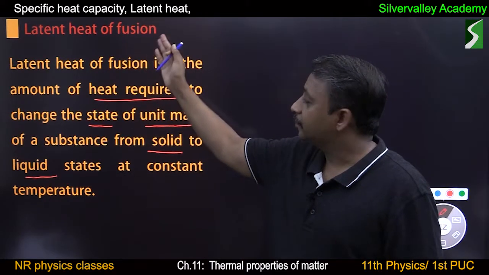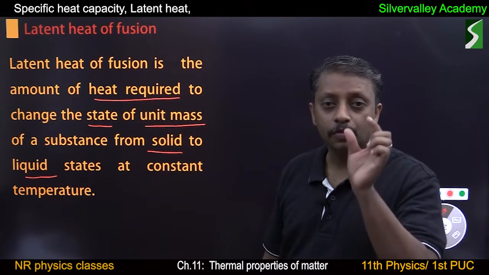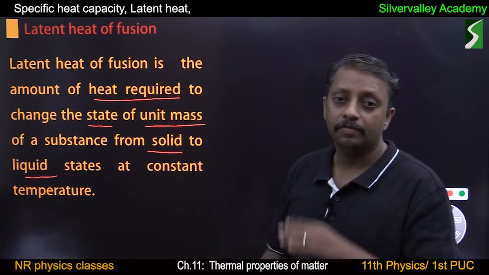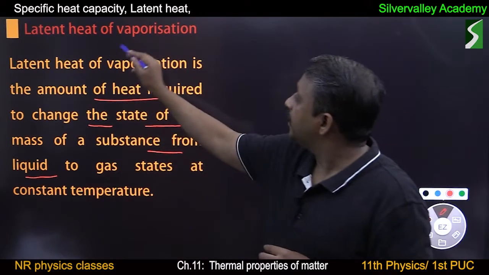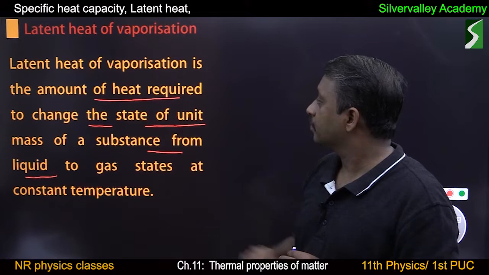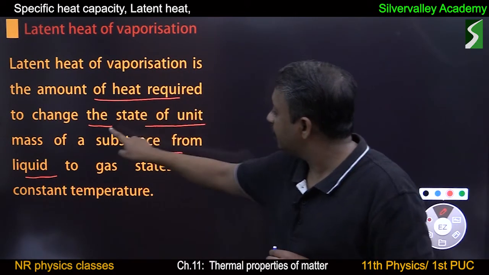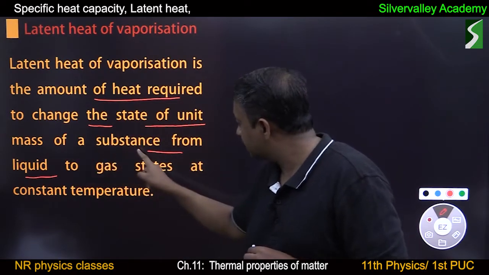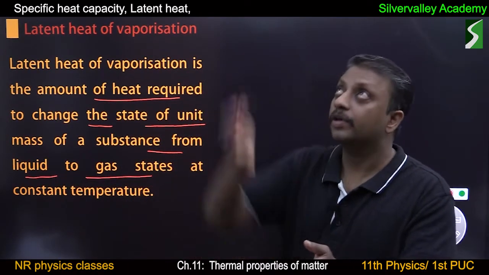So latent heat of fusion is amount of heat required to change the phase of unit mass of a substance from solid to liquid. Latent heat of vaporization. Latent heat of vaporization is the amount of heat required to change the state of unit mass of a substance from liquid to gas.